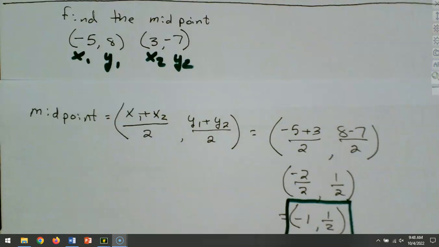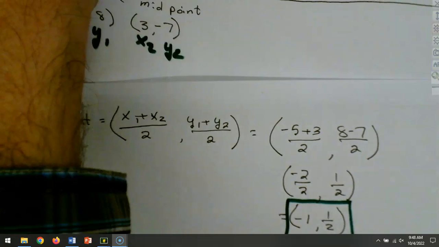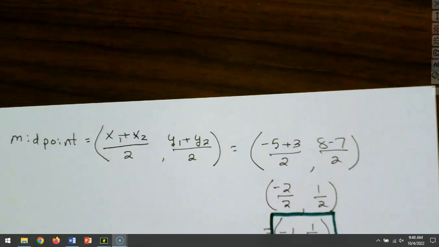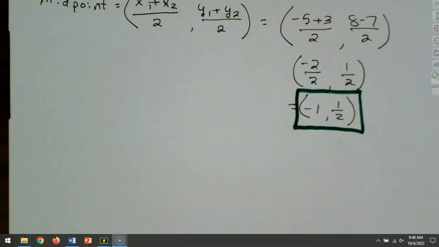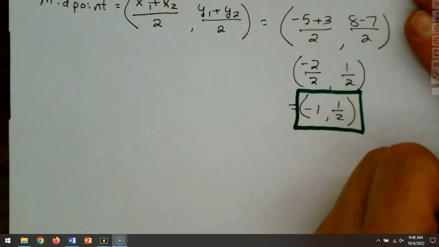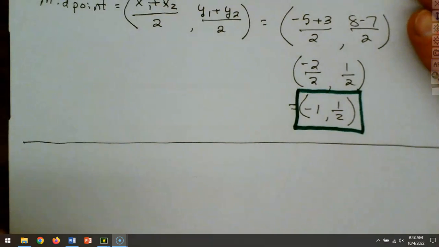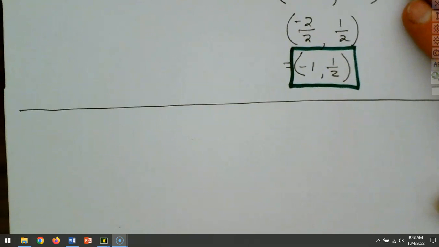And students generally do not struggle at all with the midpoint. Where students sometimes struggle is with the distance formula, which is what we're going to look at next. But it's really not that difficult either. So here's our distance formula.